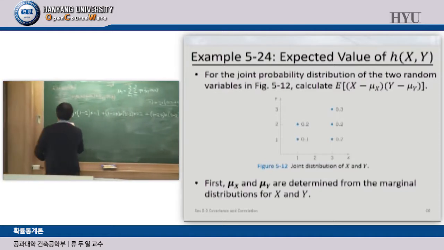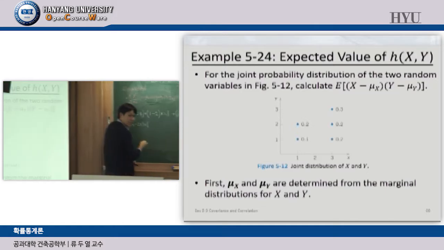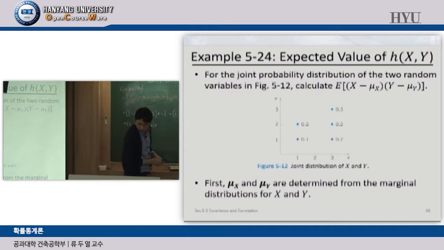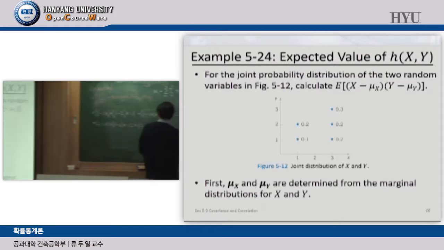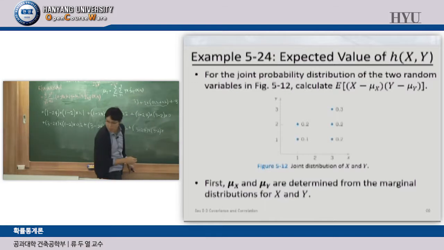So when x is equal to 3, 3 minus 2.4 by, when y is equal to 1, 1 minus 2 by 0.2, plus 3 minus 2.4 by 2 minus 2 by 0.2, plus 3 minus 2.4 by 3 minus 2 by 0.3.